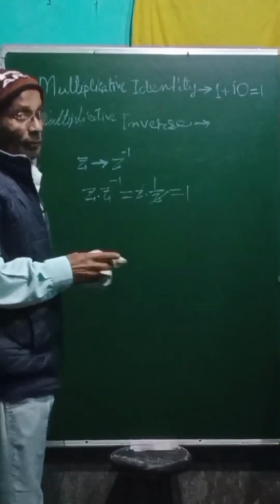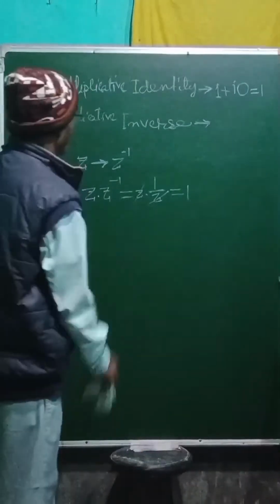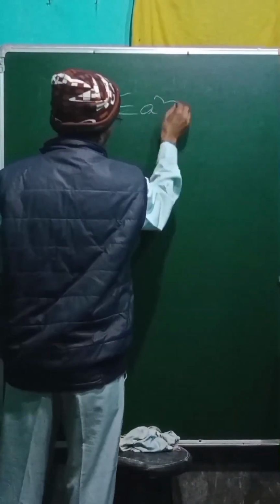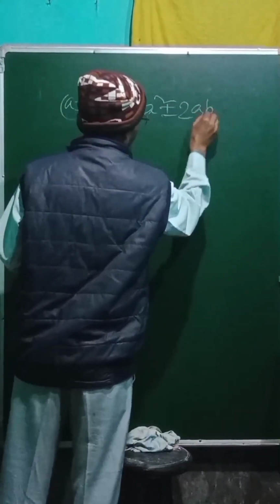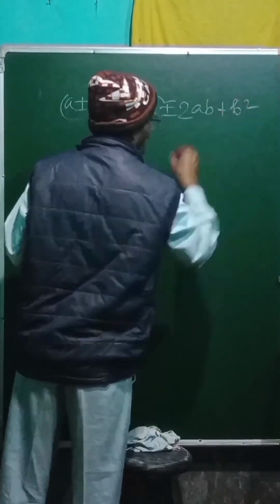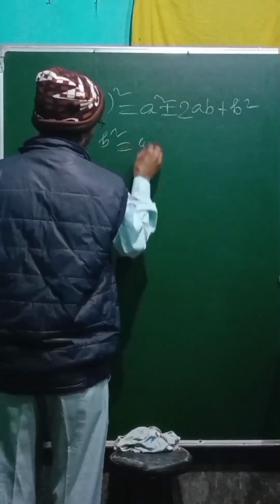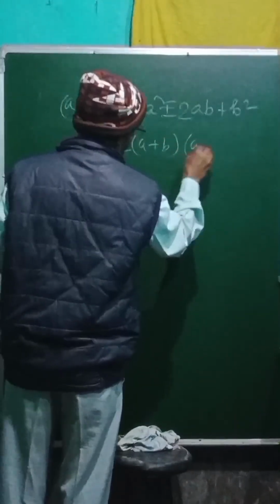After that, we are going to see some identities. Complex number identities are the same as the algebraic identities in lower classes. In class 8, 9 we have learned a plus minus b whole square is equal to a square plus minus 2ab plus b square, and a square minus b square equals a plus b into a minus b.